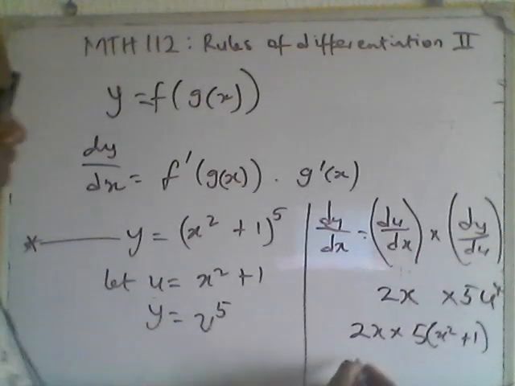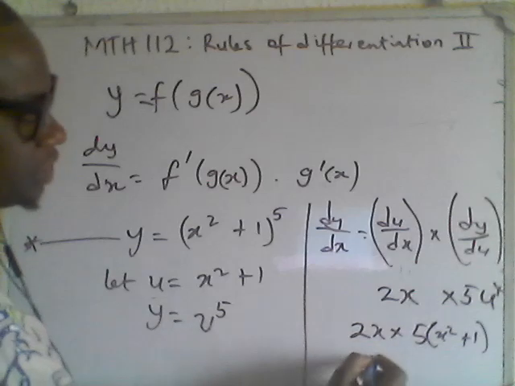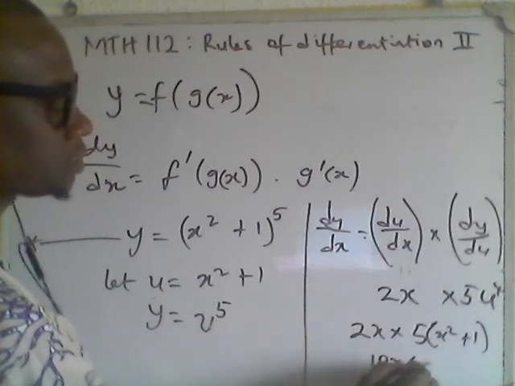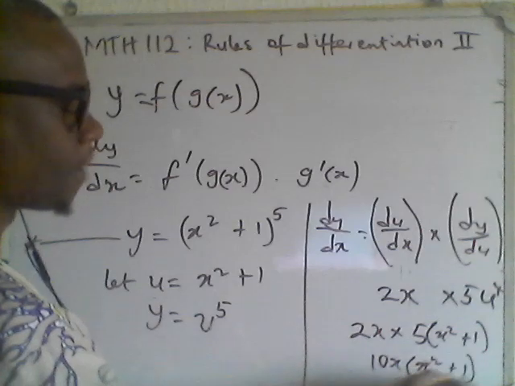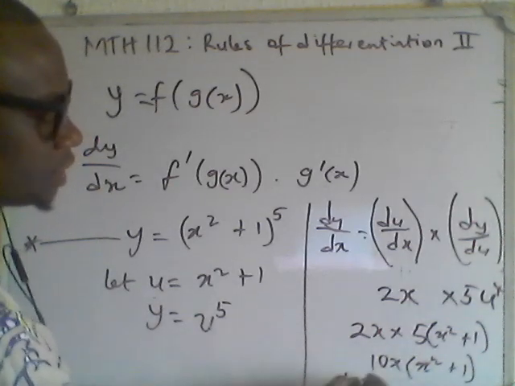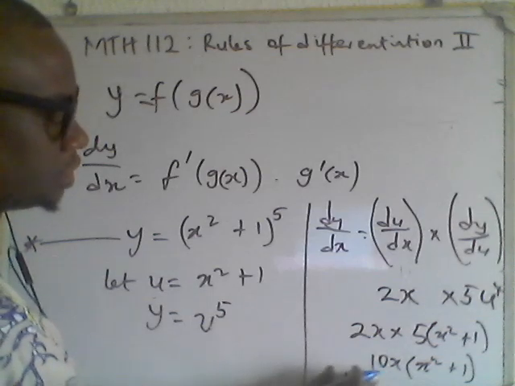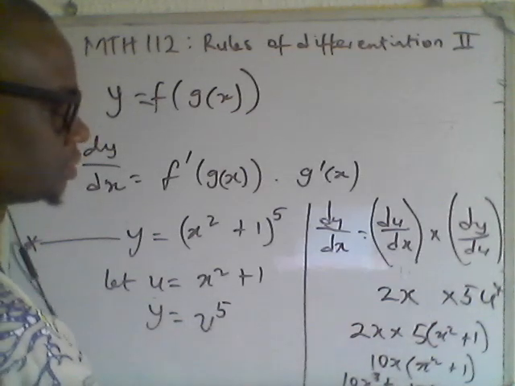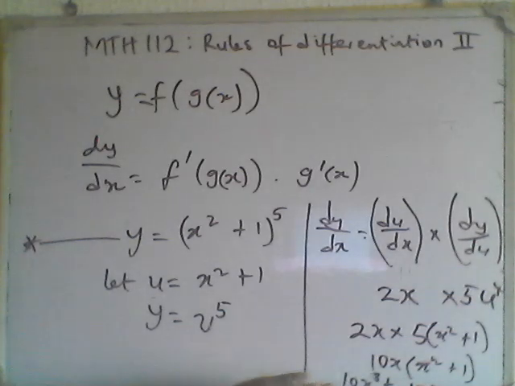I can say my final answer is 2x times 5 is 10x, then open brackets, x squared plus 1, or I say 10x cubed, when 10x is multiplied by x squared, plus 10x times 1, 10x. So you can leave it in this form or in this form.